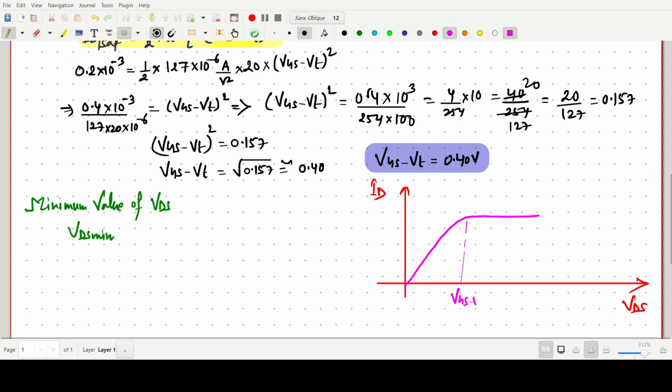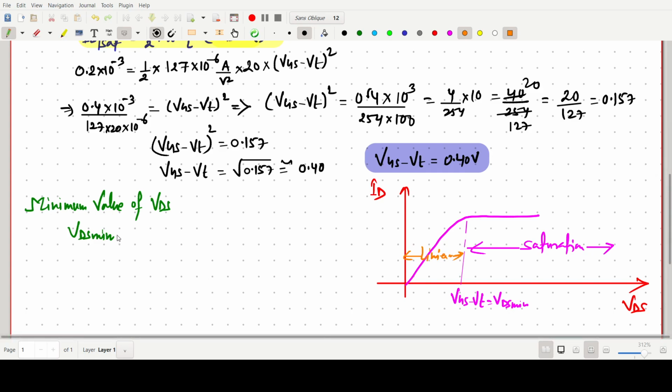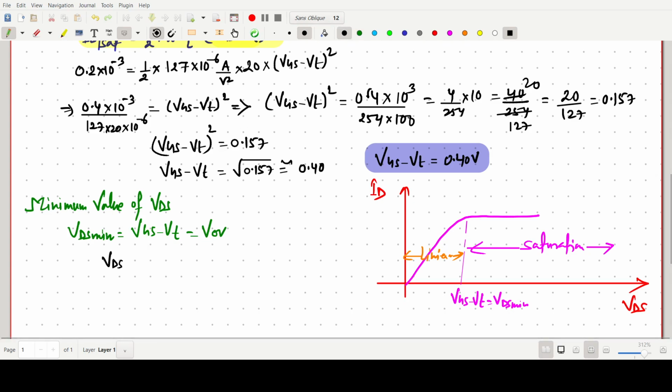VGS minus VT, and this point is VDS minimum. After that the device is in saturation, and below this point it is in the linear region. So VDS min is simply our VGS minus VT, that is our overdrive voltage. So simply one can write VDS min equals 0.40 volt.